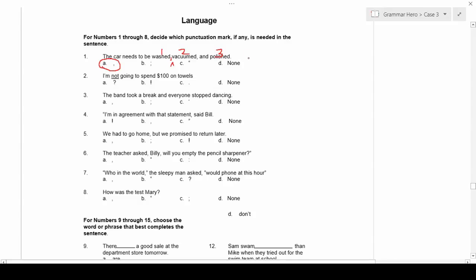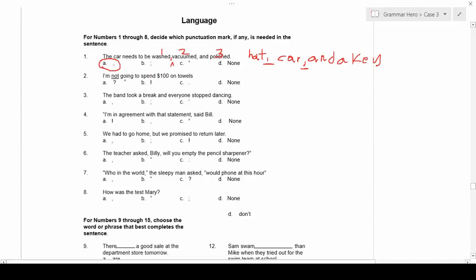So if I said I had a hat, a car, and a key, for example, I would separate those with commas. Okay? So that's that one.